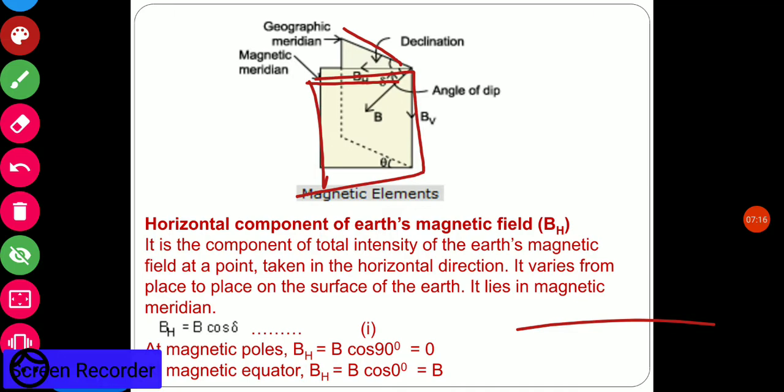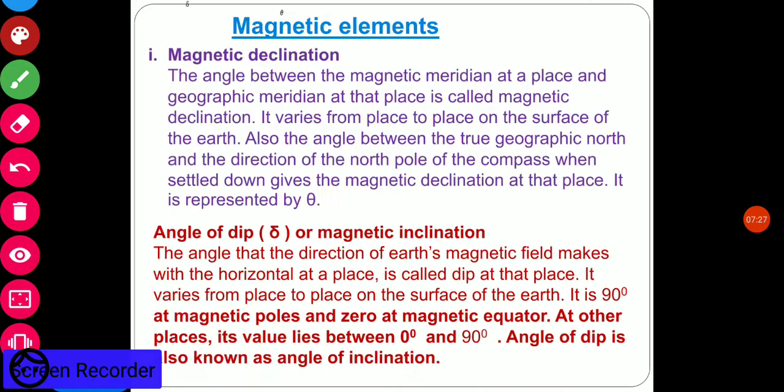The angle between these two is known as the magnetic declination. It varies from place to place on the surface of the Earth.